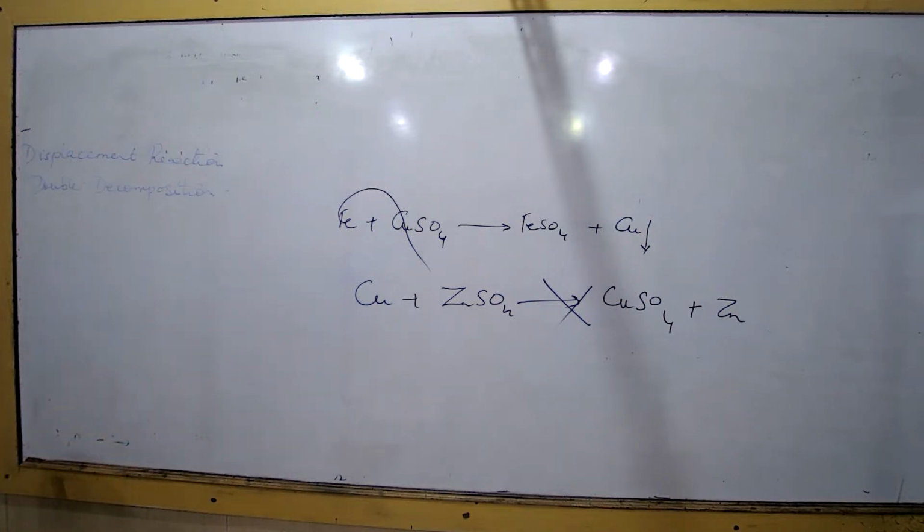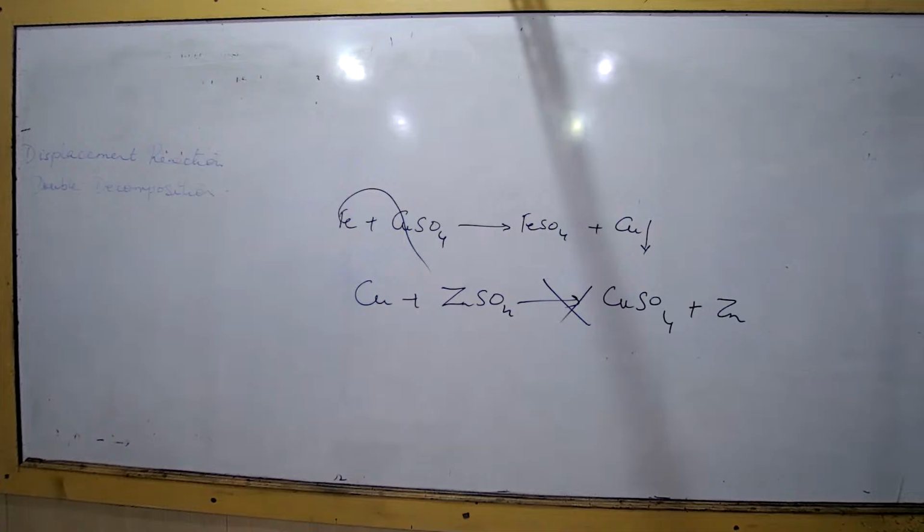So what do you know about a displacement reaction? A displacement reaction is a reaction wherein one metal will displace the other metal from its compound and take its place. Okay? Now, the metal or the element that is displacing the metal or the element from the compound will be more highly reactive than the metal present in the compound.